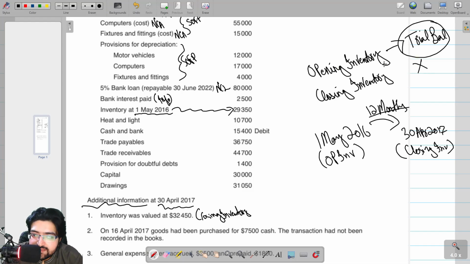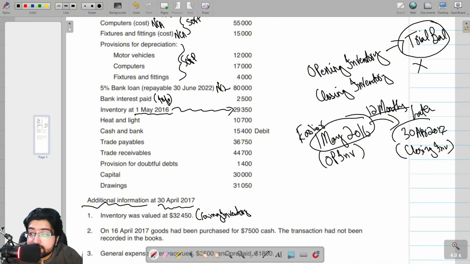Secondly, you can look at the dates. The earlier date is always your opening inventory and the later date is always your closing inventory. And that's the better way to check. It will help you in other questions as well. Look at the date. The date is very important in accounting. Make sure you always pay attention to the dates. Okay, moving on.